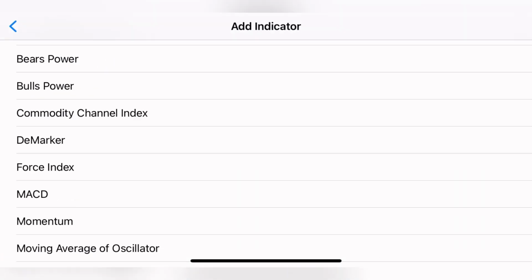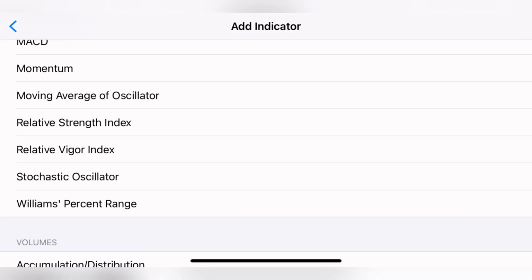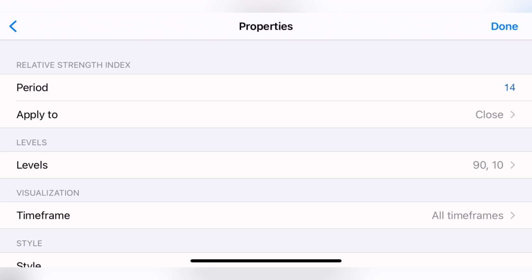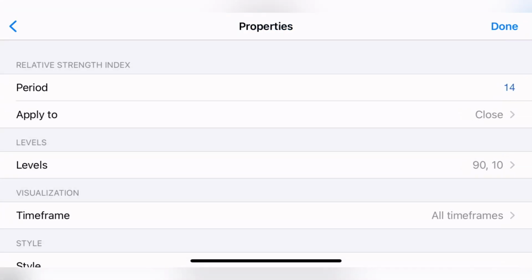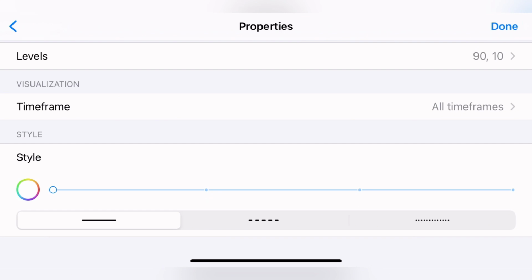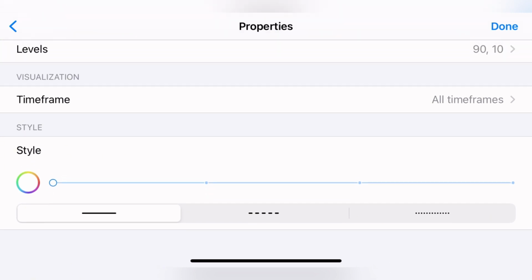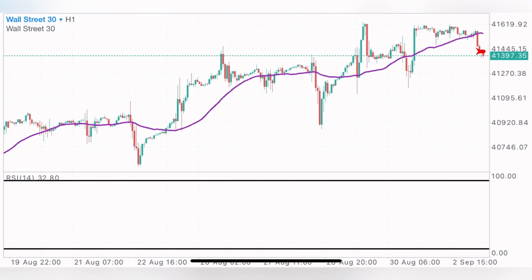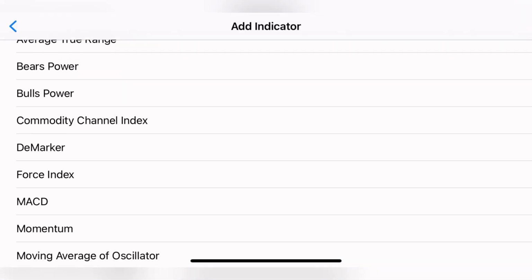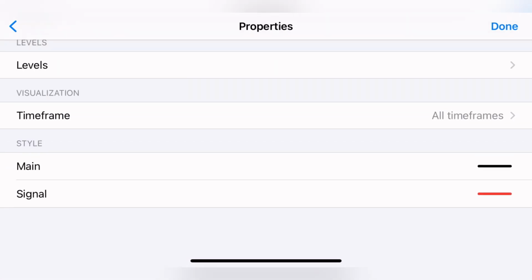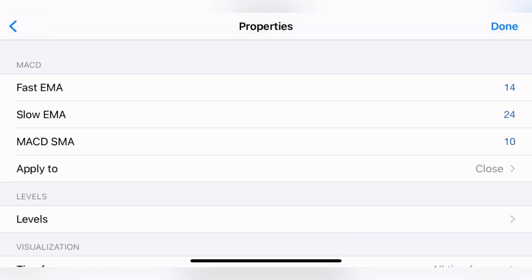So on indicator window 1, the relative strength index right here on period 14, the levels 90 and the level of 10, right? Then the style 1 pixel, color white, with this first line pattern. Then we'll add the MACD second to the indicator. We're using the same parameters, so no need for you to reset the parameters again.